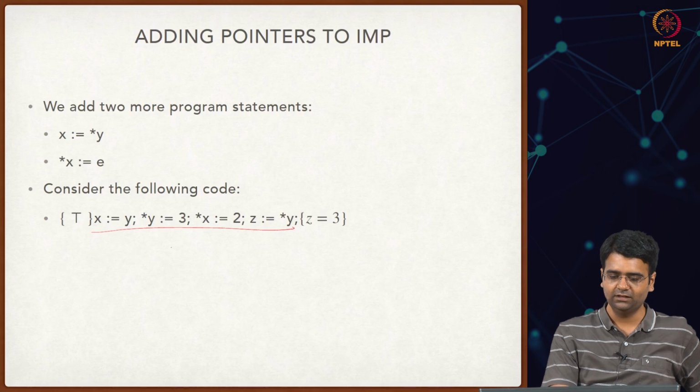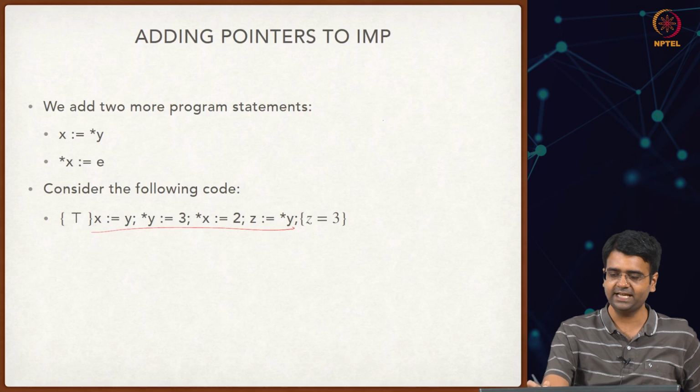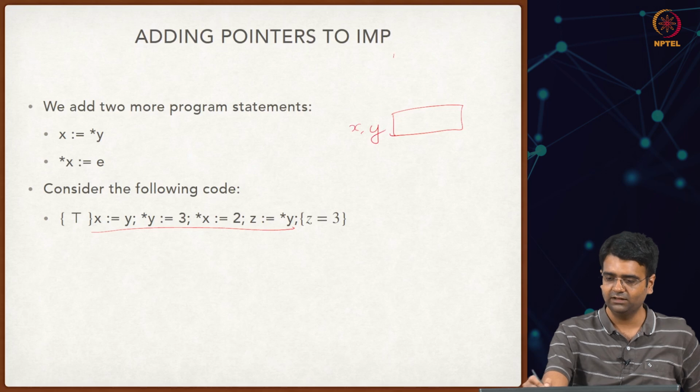Now if you are aware of how pointers work, by doing x equal to y, you can think of a cell in the memory, and that cell is pointed to by both x and y. So both x and y point to the same cell.